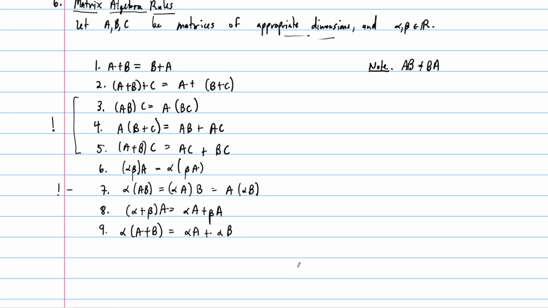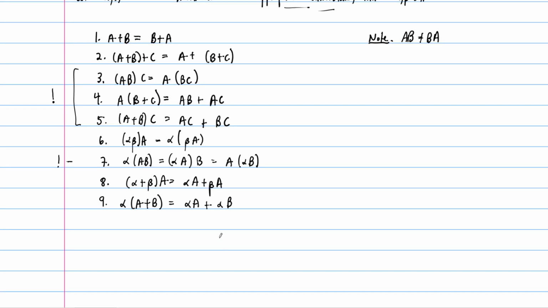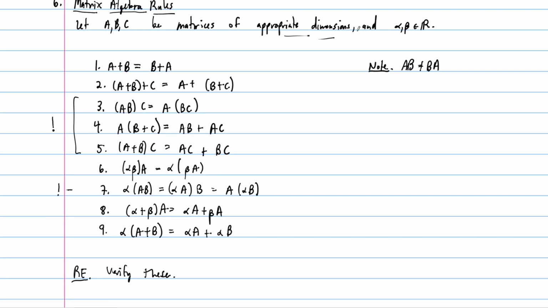All right, so again, these properties should all be verified. So you should verify these. And make sure that when you do so, you check the dimensions and kind of state the dimensions of your matrices that are going to lead to the successful results, right?